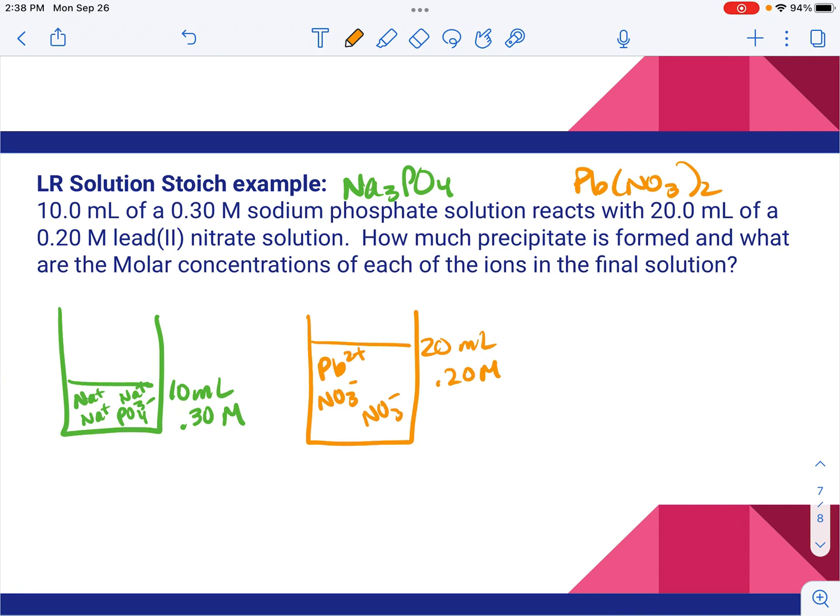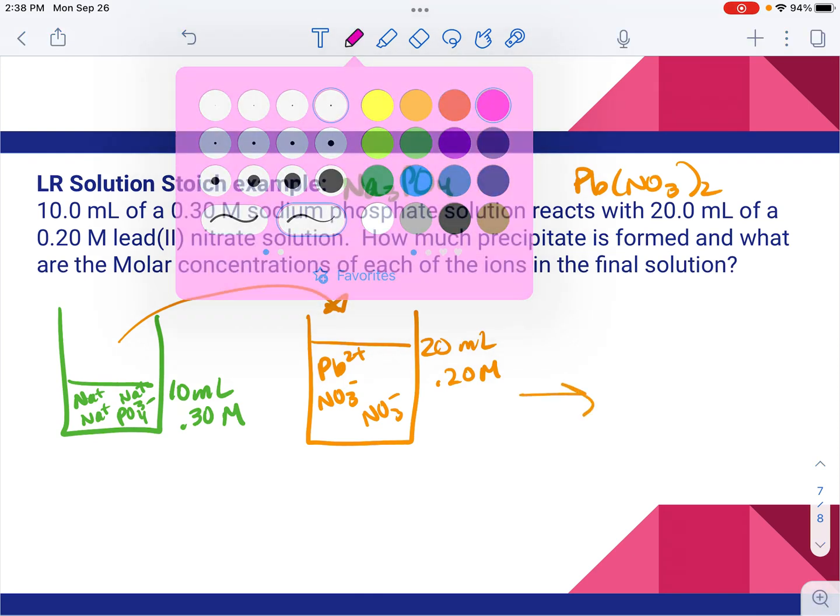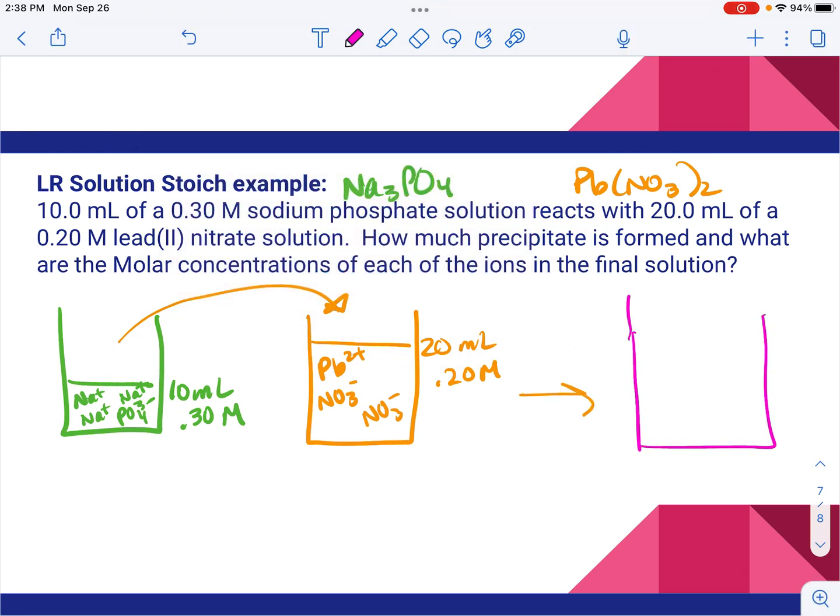What's going to happen is I'm going to pour them together. So I pour one into the other, and the decision has to be who's going to precipitate. In this case, sodium and nitrate are always soluble. So what happens at the end is that I have a beaker that now has 30 milliliters of solution.